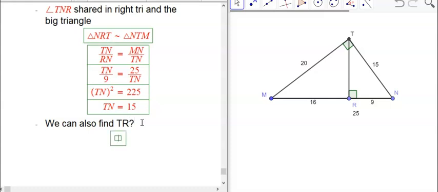What I claim is if you look at the left triangle, MRT, okay, that's this angle here, that M angle, that's complementary to the angle here, but they add up to 90, and so this angle here is equal to this angle. This is just another fact from the similar triangles.